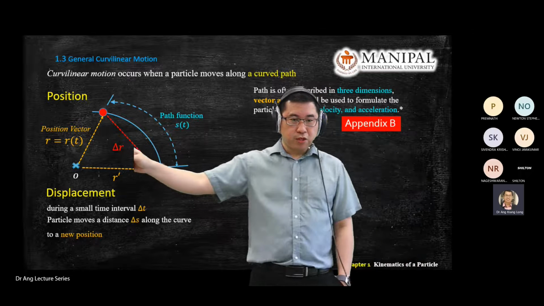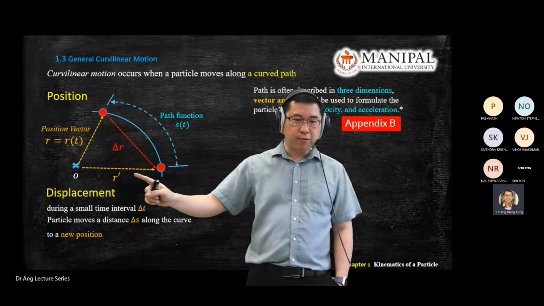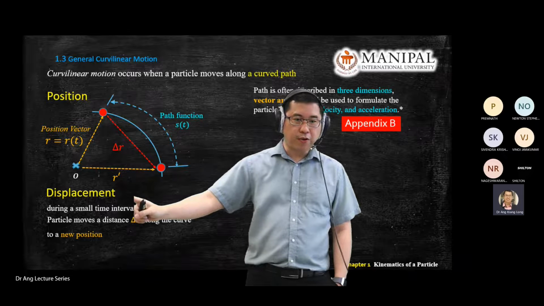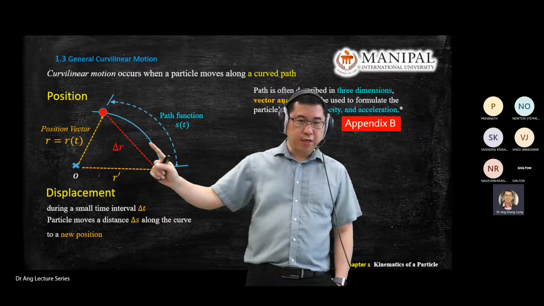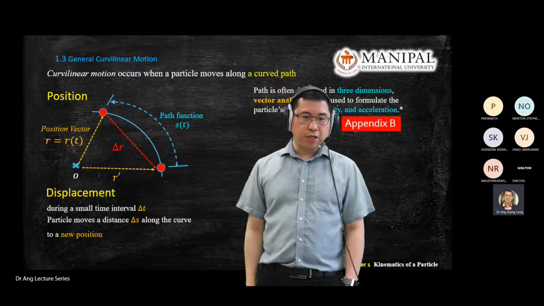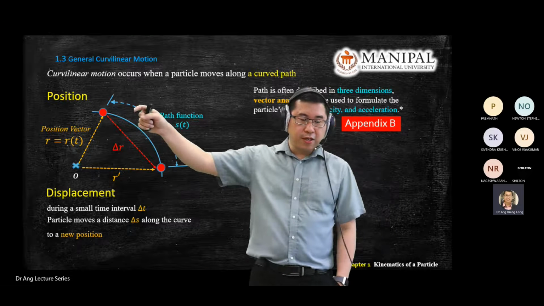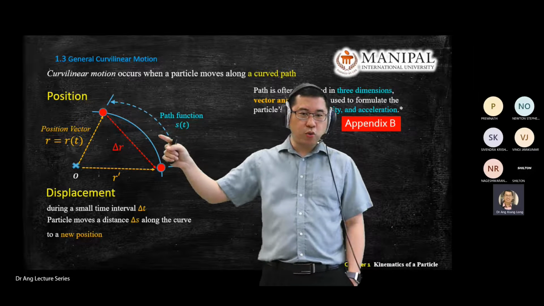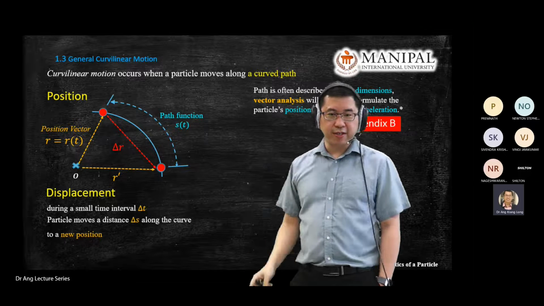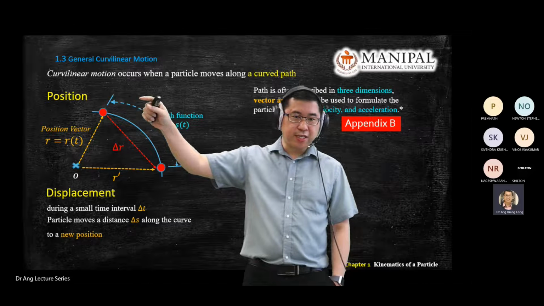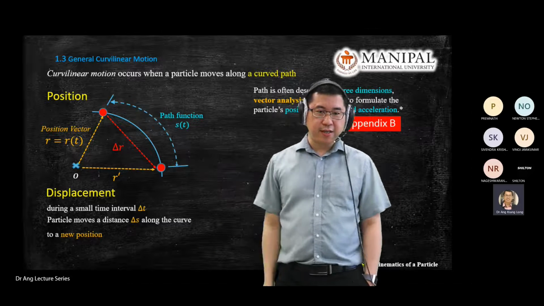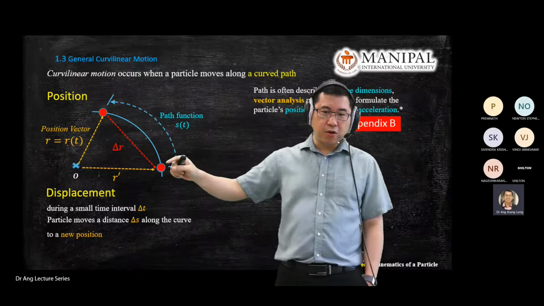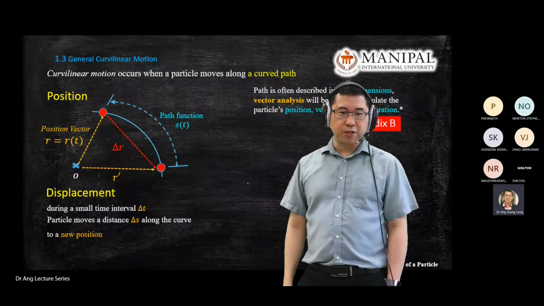So for a vector, you measure from origin to the location, you get an arrow pointing from O to the position, and the resultant of vector you always draw from the origin to the end position, correct? This is what you learn in vector. Vector, you always have the tail and the head. The tail always from the origin, the head always pointing to the last position.